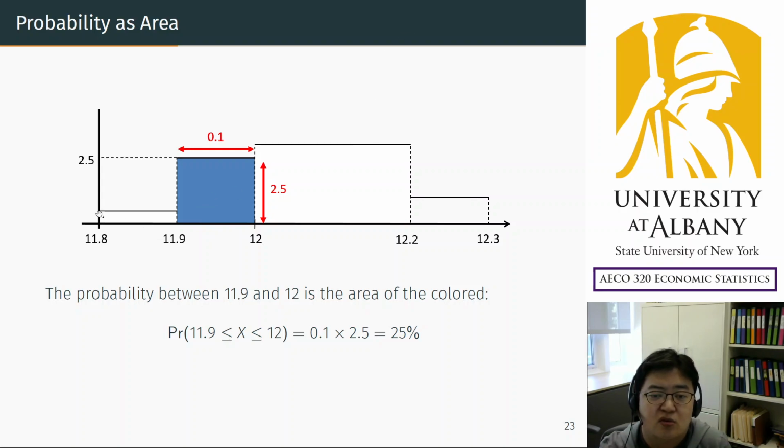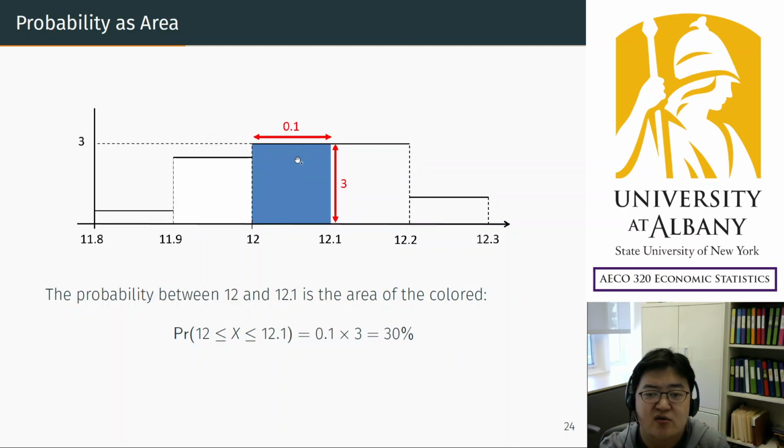And so from this graph, you can calculate any area. For example, the probability between 12 and 12.1 can be calculated by the area of this dark rectangle. Height is now 3, width is the same 0.1, so the result is 30%.